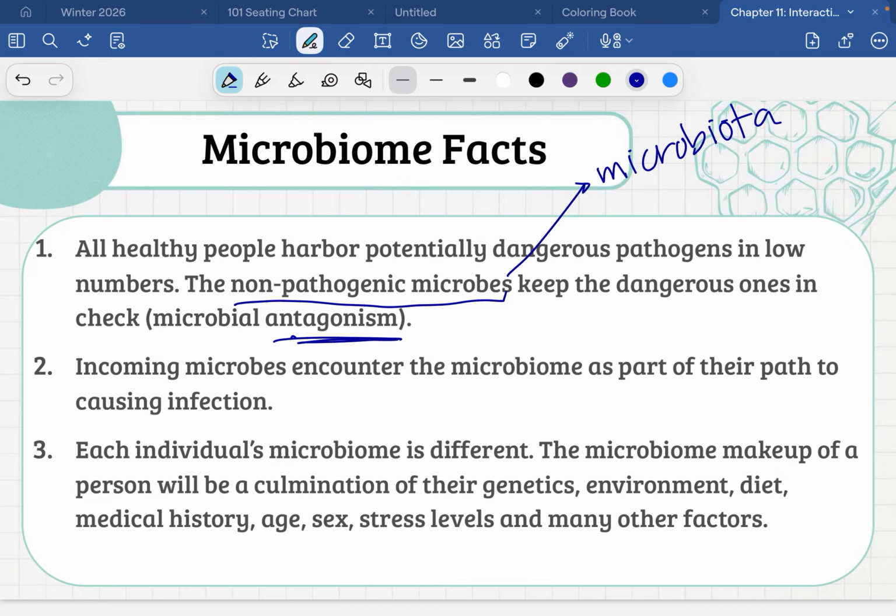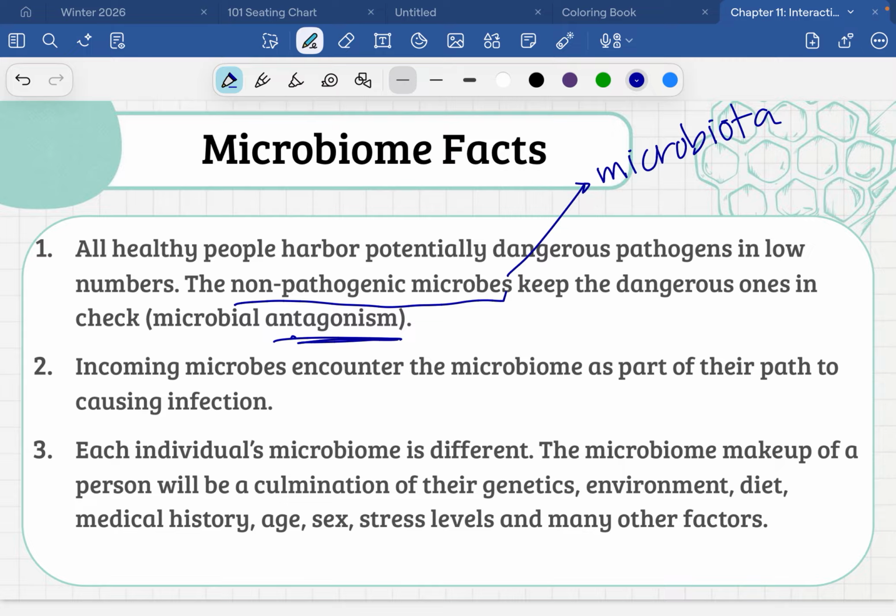And then each individual's microbiome is different. The microbiome of a person will be a culmination of their genetics, their environment, their diet, their medical history, their age, sex, stress levels, and many, many other factors.